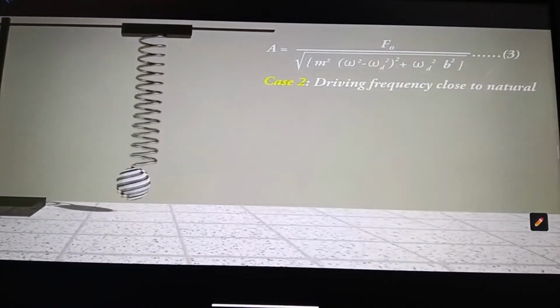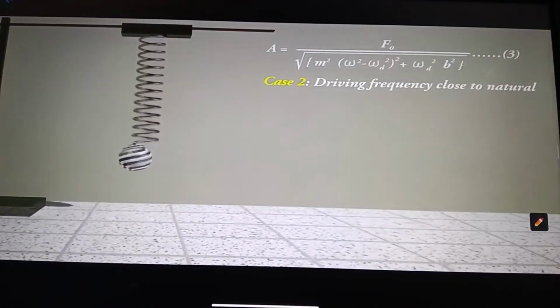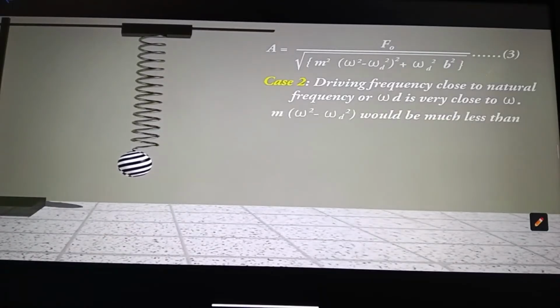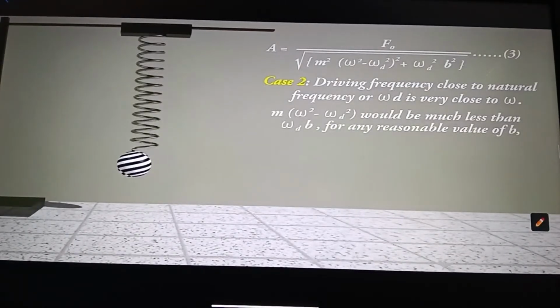Case 2. Driving frequency close to natural frequency, or omega d is very close to omega. m (omega square minus omega d square) would be much lesser than omega d b for any reasonable value of b.